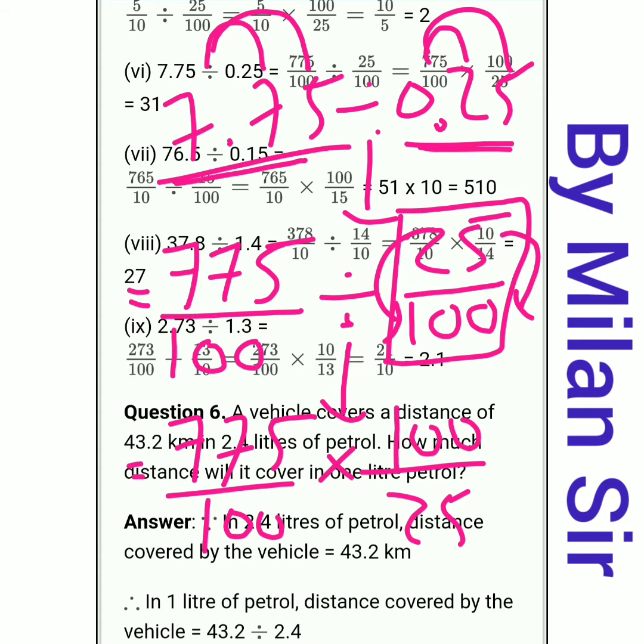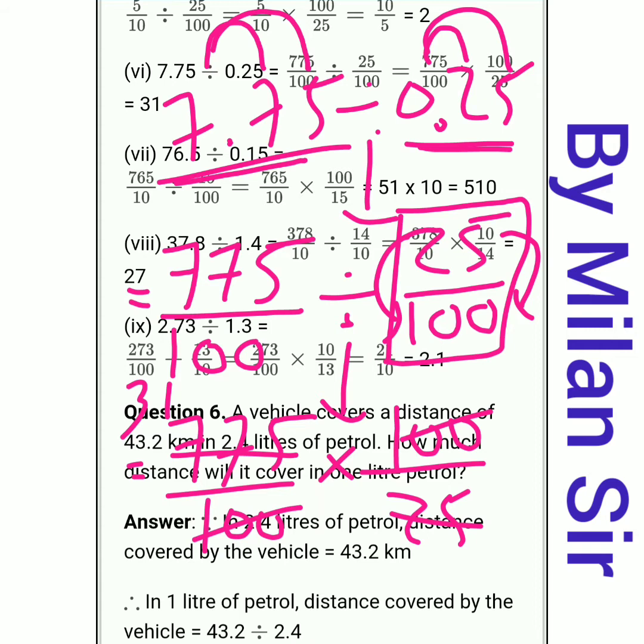Now we can simplify. 100 cancels, and 775 is also divisible by 25. 25 threes are 75, 2 remaining, 25 ones are 25, so 31.